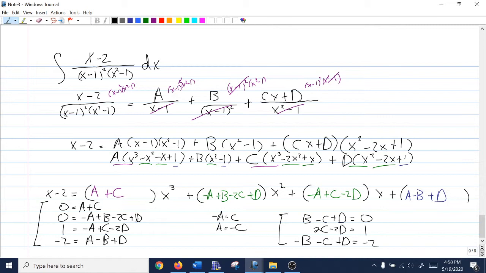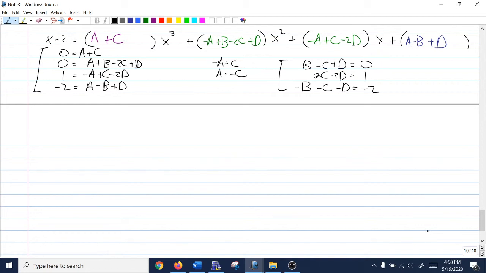Do I want to get rid of one of these? I guess I do. Is there one I can solve for easily? I don't see anything. Oh, hey, look, line 1 and line 3 have matching C and D parts, right?